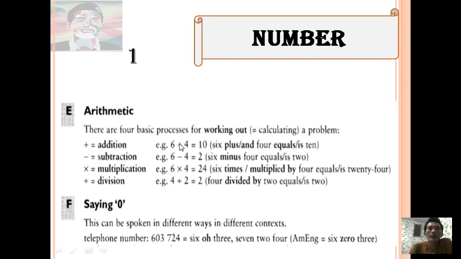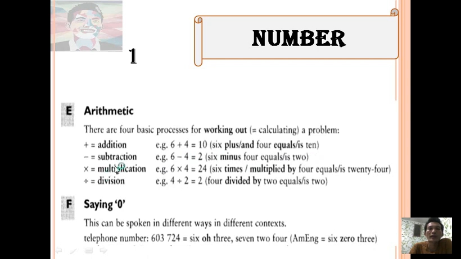Example, 6 plus 4 equals 10, or you are able to say 6 and 4 is 10. For subtraction, example, 6 minus 4 equals 2, or 6 minus 4 is 2.